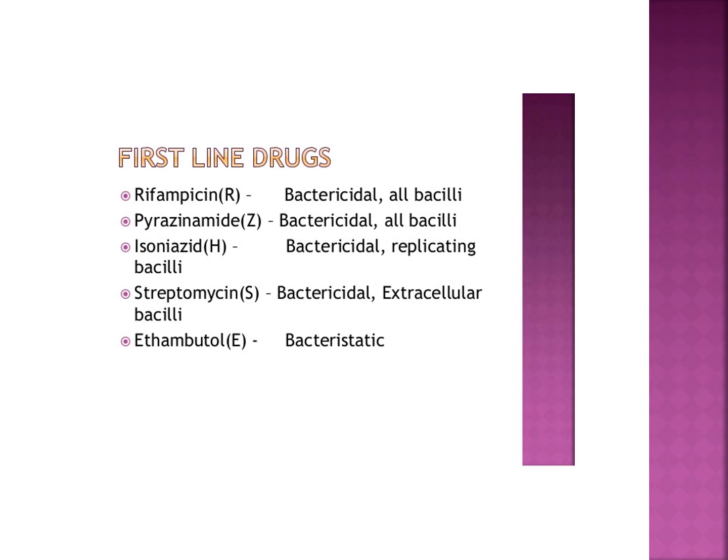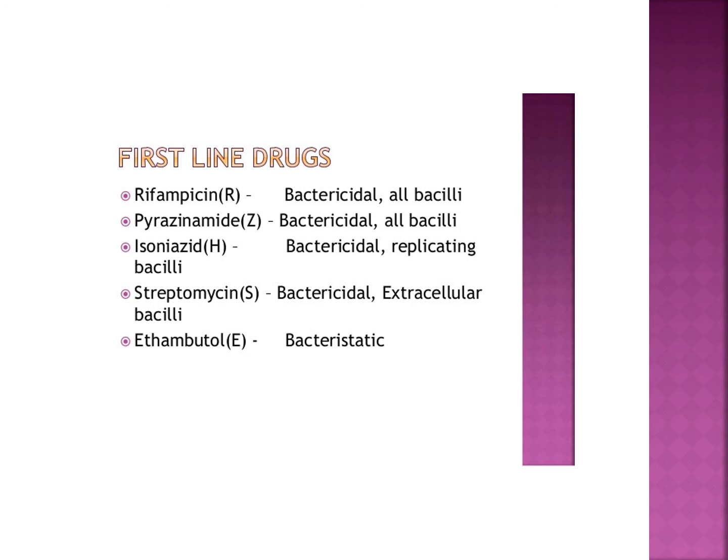And rifampicin inhibits DNA dependent RNA polymerase activity. Isoniazid is given around 5 milligram per kg body weight, and rifampicin is given as 10 to 15 milligram per kg body weight.